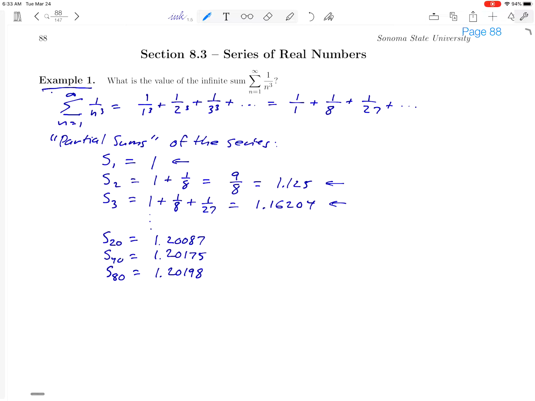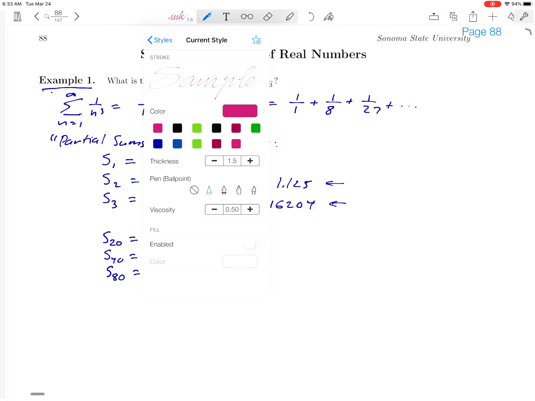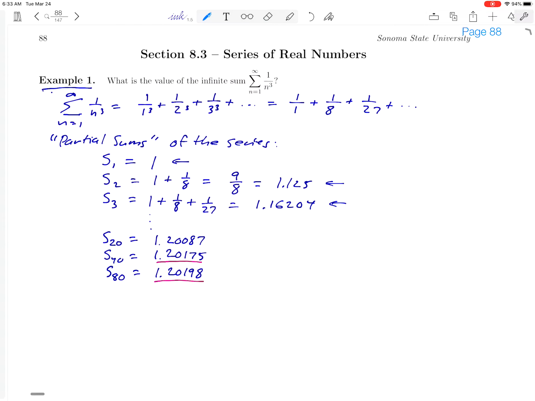And we can look at those numbers and ask, does it look like we're approaching something, or are we maybe going off to infinity? The thing that I'd call your attention to is if you look at these last two, if you were to round off to, say, 3 decimal places, both of those numbers round to 1.202. So we could maybe make a conjecture here that it looks like this series is converging to about 1.202.